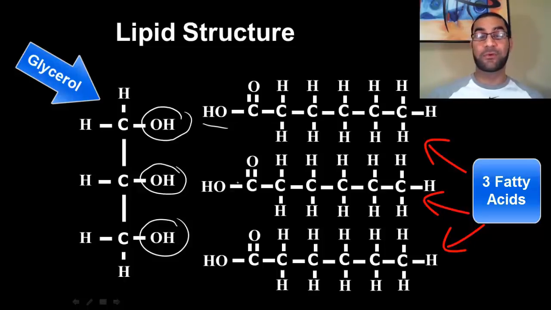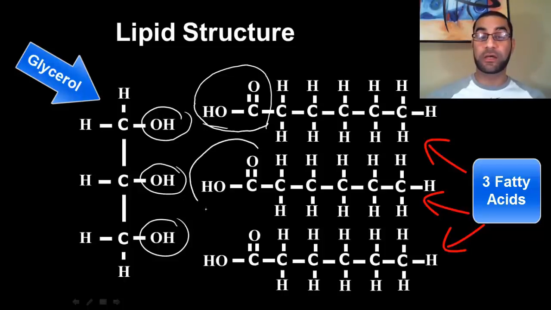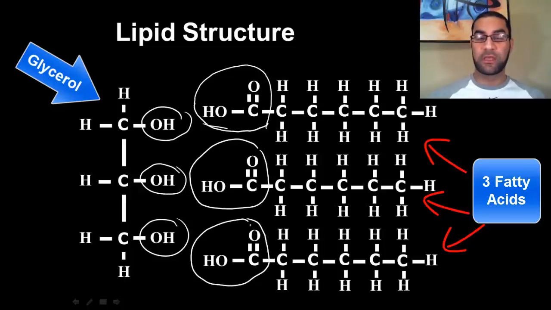In that case, we're talking about this whole thing together, which is actually a carboxyl group: a carbon with a double bonded oxygen and then an OH. Hydroxyl groups are things we've seen before. We've talked about those in carbohydrates. You see quite a few hydroxyl groups in carbohydrates as well. But now we're introducing carboxyl groups to the mix.